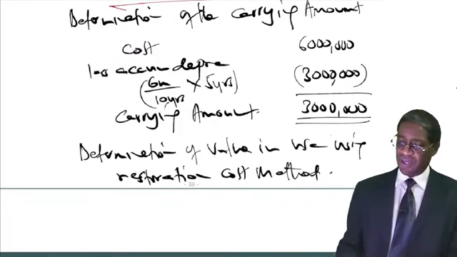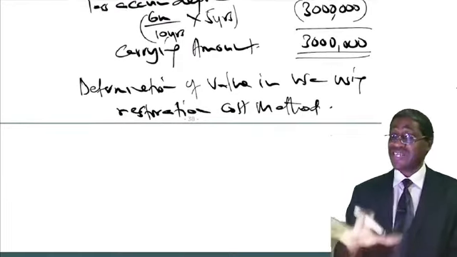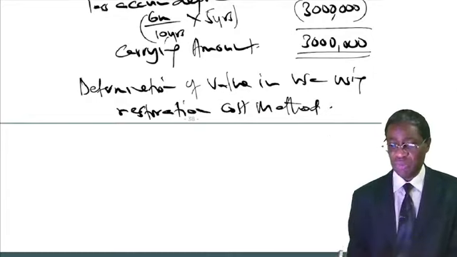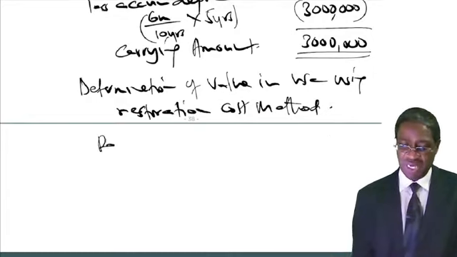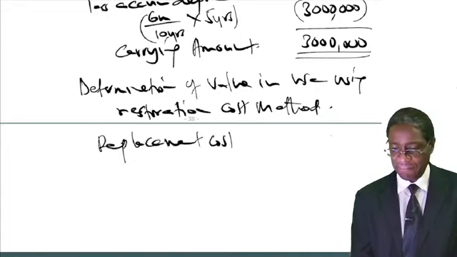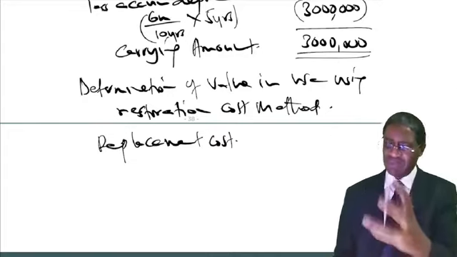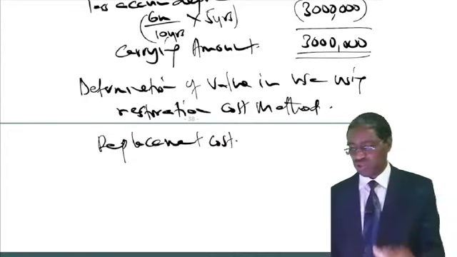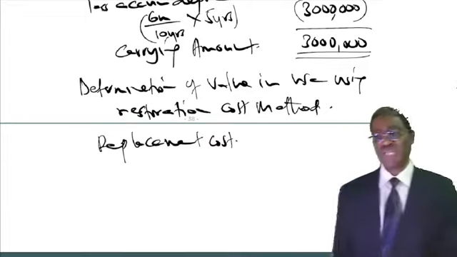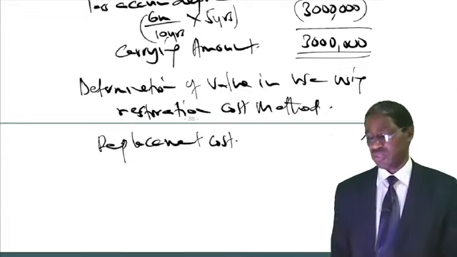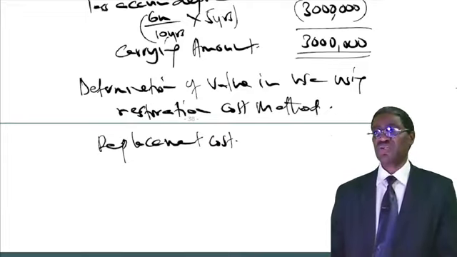Okay. Now let us get the replacement cost. Hope you remember. Go back to the question and find out: to replace a similar bus, what would it cost? Let me go back to the question.